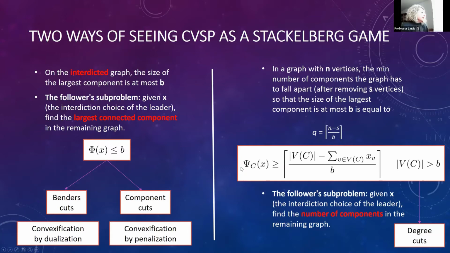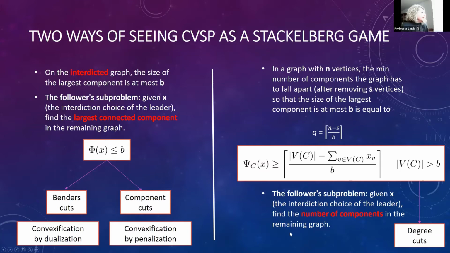Well, this is another lower level optimization problem in which psi of x calculates the number of connected components in the graph in which we have removed those vertices where xv is equal to 1. So this is another optimization problem to solve, which simply looks into the graph and counts the number of components in the interdicted graph.